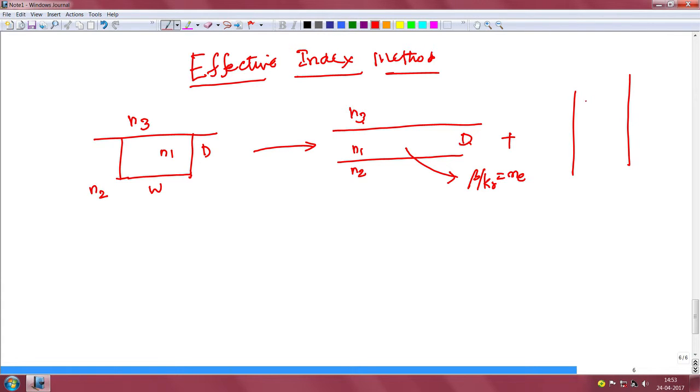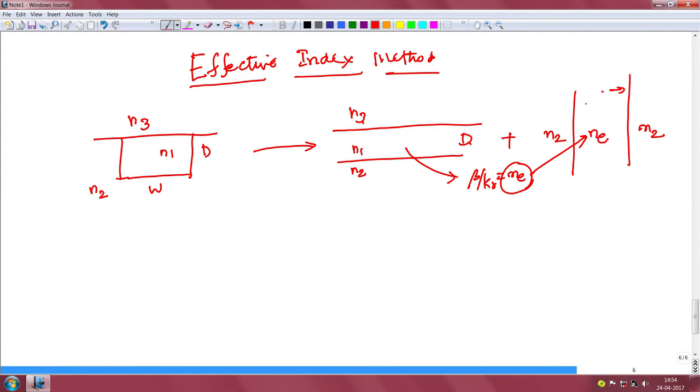It is only a symmetric slab waveguide rotated 90 degrees of width W and refractive index N2 in the cladding region and N effective in the guiding region. So, the N effective obtained in the previous section is substituted for N effective of the vertical slab. This can be called a depth wise asymmetric slab waveguide, and this is the width wise slab waveguide.